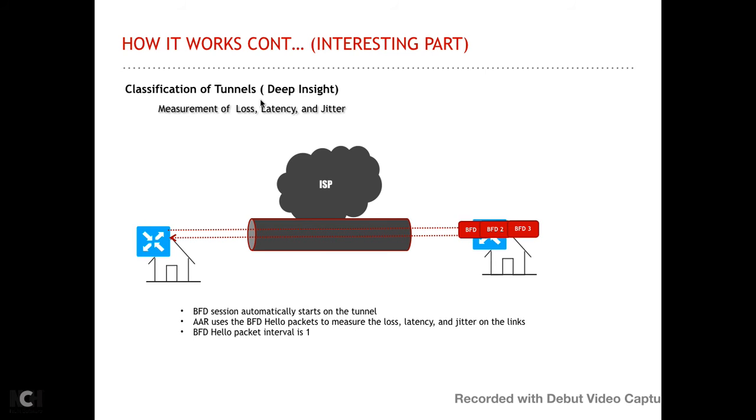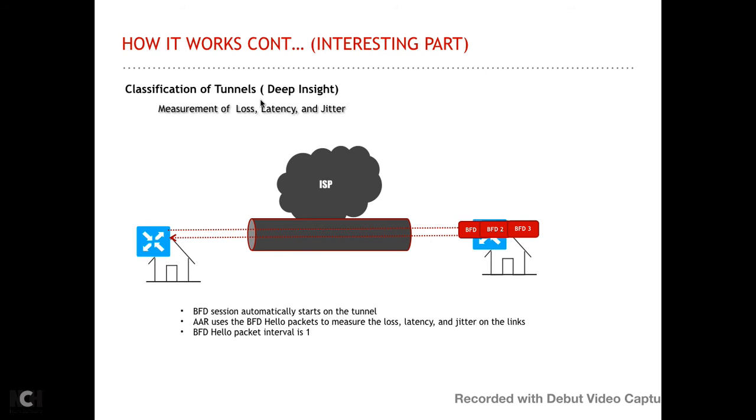And AAR, which is application aware routing, where you define some intelligent policies, I would say, which actually benefit your enterprise customer, uses these BFD hello packets, because BFD is running automatically without your knowledge also.